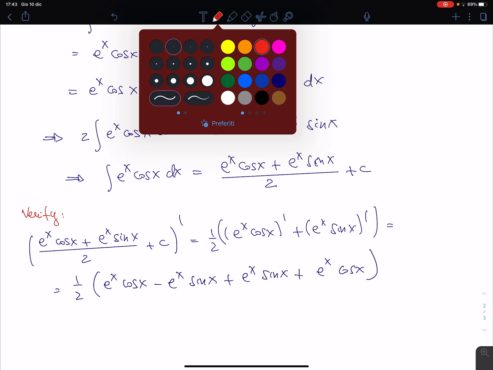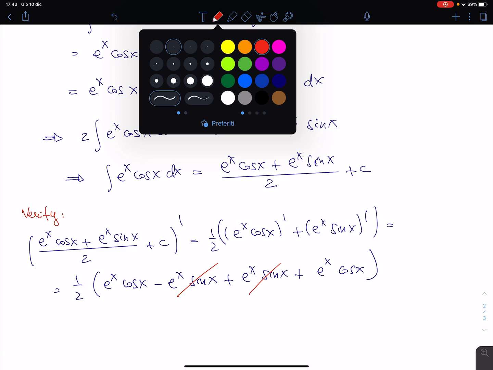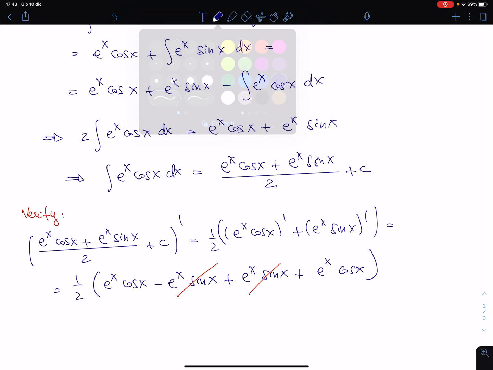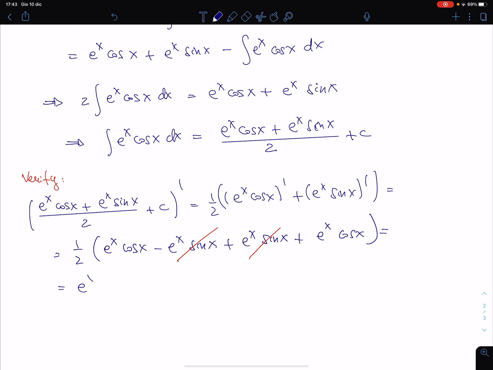And so the two central terms cancel each other, so at the end you remain with 1/2 times 2 times e to the x cos x, so this is equal to e to the x cosine of x.